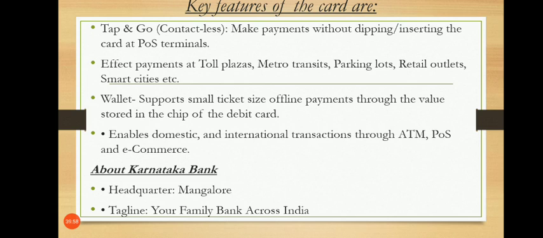Effect payments at toll plazas, metro transits, parking lots, retail outlets, smart cities, etc. Wallet supports small ticket size offline payments through the value stored in the chip of the debit card. Enables domestic and international transactions through ATM, POS and e-commerce. So your Karnataka Bank, it is headquartered in Mangalore. Tagline is your family bank across India.